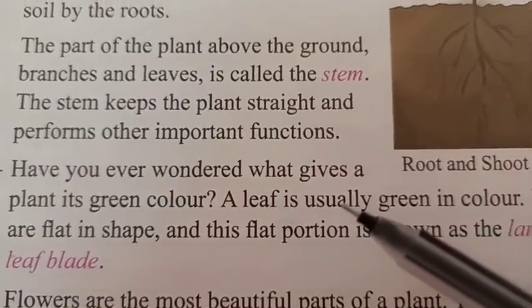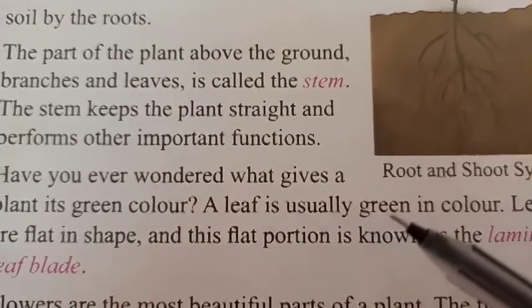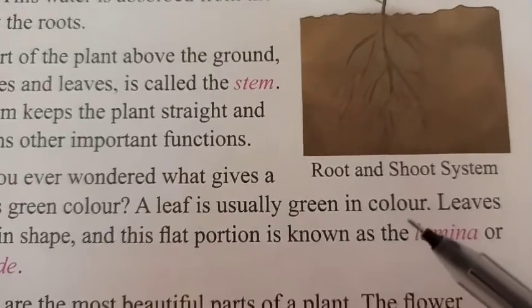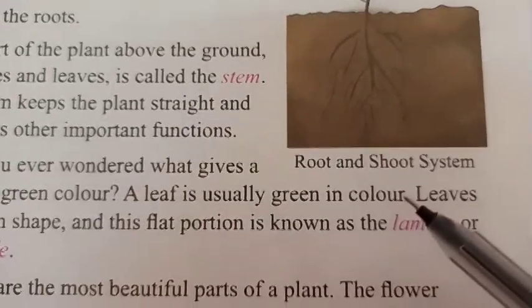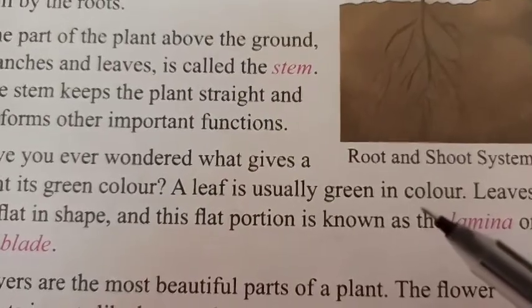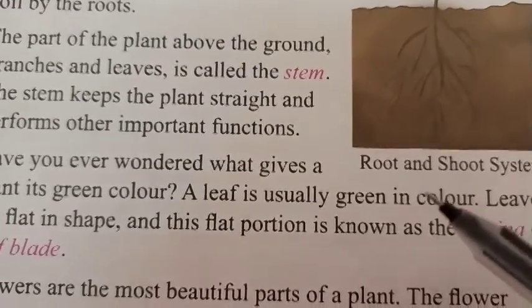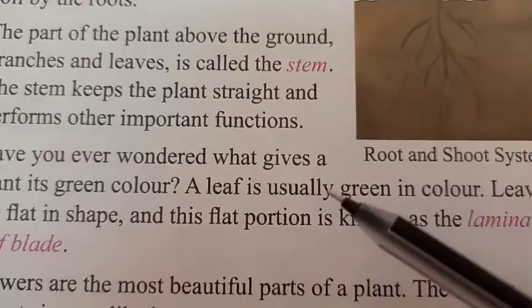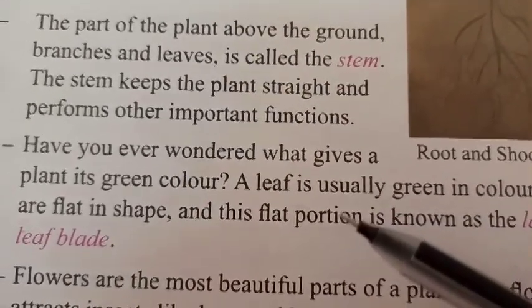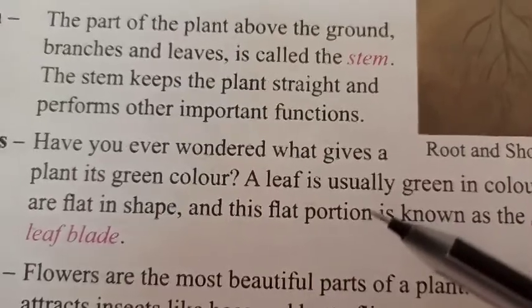That is a pigment. Pigment means any chemical which provides color to that particular part. The chlorophyll pigment present in the leaves provides green color to the leaves, and because of leaves plants are green in color.